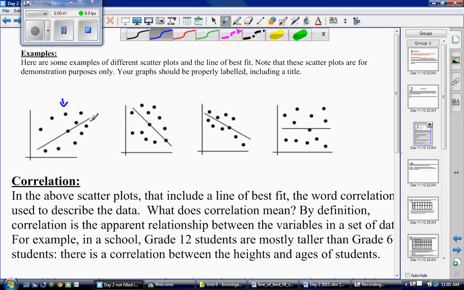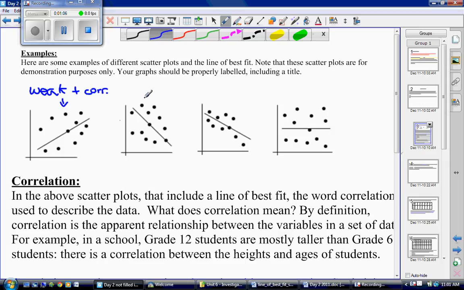However, if you're looking at it really carefully, you'll notice that there's not a lot of points on the actual line, and you'll notice that there is an equal number on either side, but they're quite a distance away. So I would say that this is a weak positive correlation. And I'm okay if you want to use short forms, like plus. And I'm going to put cor.